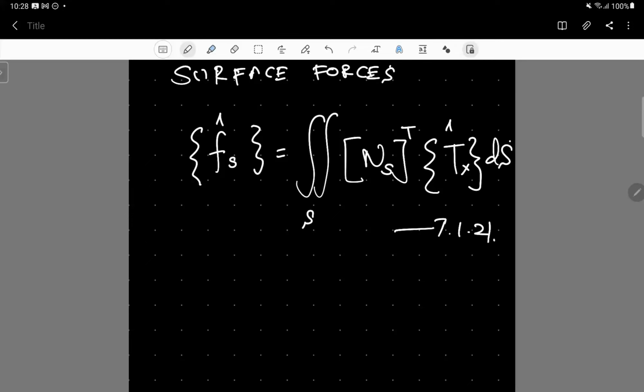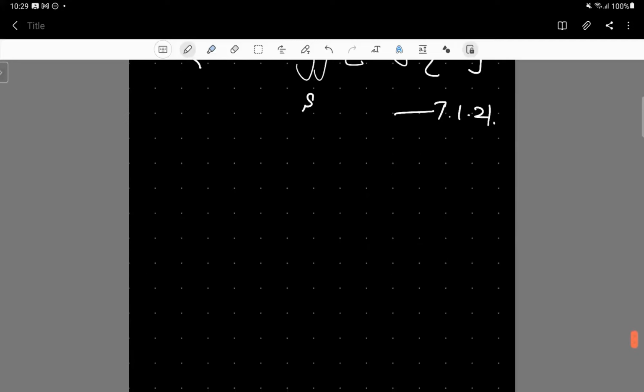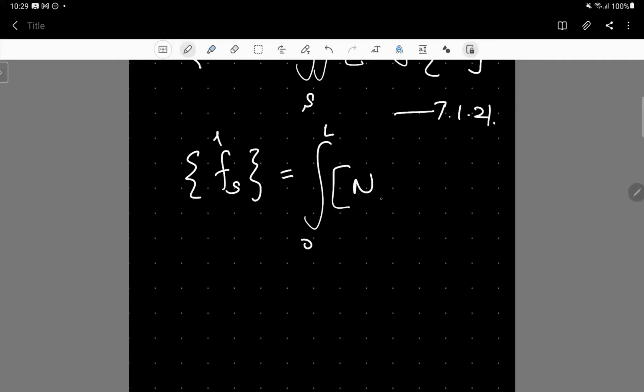If you assume a constant cross section, and of course the traction within the element is uniform over the total length of the element, we can reduce this integral to a closed loop integral over the length L. Since this traction is constant over the length, we can reduce this integral to 7.1.22.